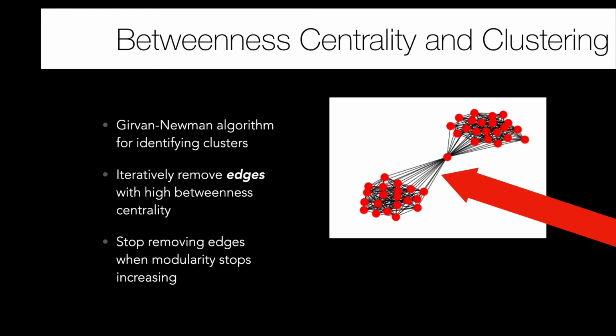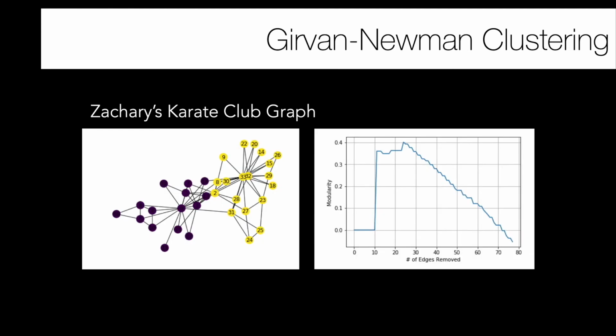And we stop removing edges when our modularity metric for the entire graph reaches some threshold or has reached some maximal value. So you can imagine if this is some example graph we want to look at, we can iteratively remove, say, the top 10 edges with the highest betweenness centrality, and calculate the modularity for that particular graph. So after the first 10 or 11, I guess, we see a rapid peak.